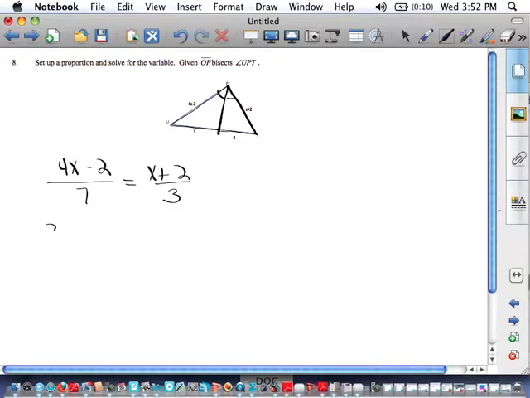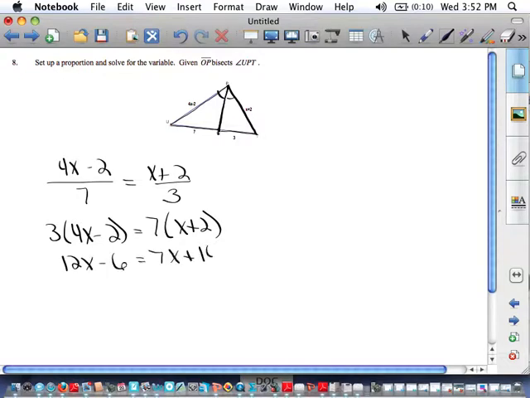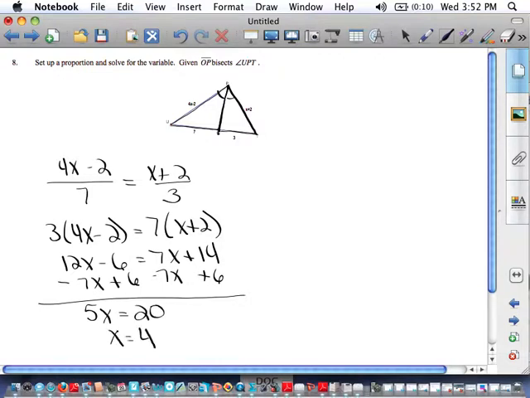Cross multiply, you have 3 times 4x minus 2 is equal to 7 times x plus 2. 12x minus 6 is equal to 7x plus 14. Subtract the 7x from both sides, add the 6 to both sides, and you should get 5x is equal to 20, so x is equal to 4.